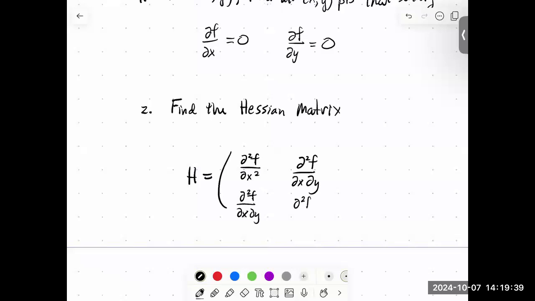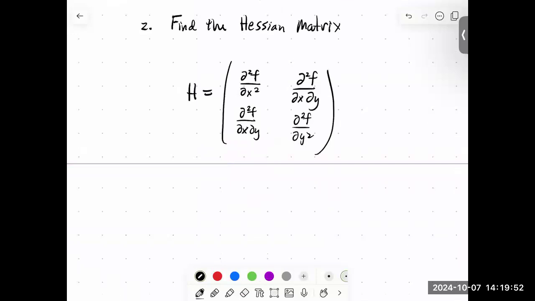And then this one is two derivatives with respect to y. So you take your function and you calculate that matrix.